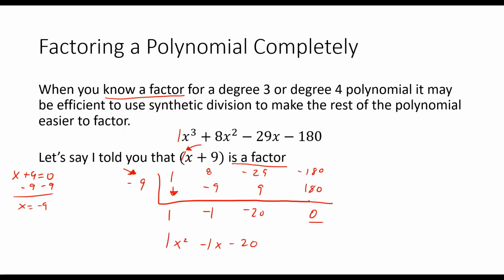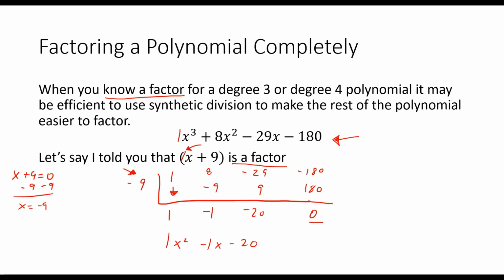But this doesn't actually tell us all the linear factors of the polynomial right here. But it helps us. So we know that this polynomial is actually equal to x plus 9 times 1x squared minus 1x, and then minus 20.